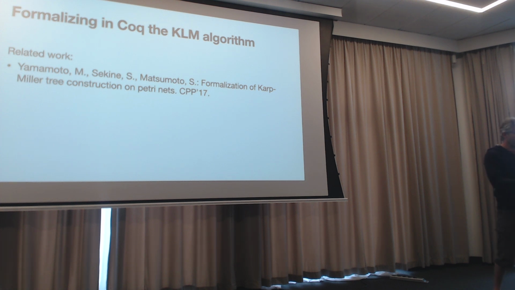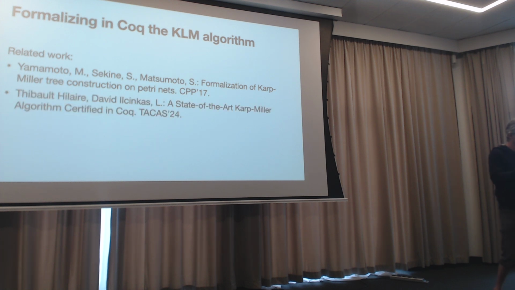And they finally succeeded in finding such an algorithm, and we decided, with a colleague and a PhD student, David Sakat, my colleague at Tipuyer, who will finish his PhD soon, in summer, to look at this state-of-the-art Karp-Miller algorithm and try to make a proof in Coq of a recent algorithm.